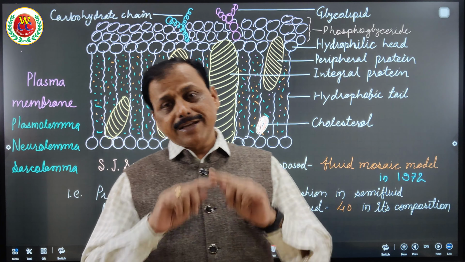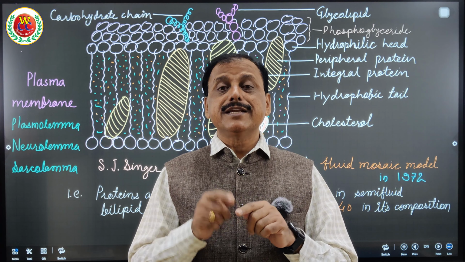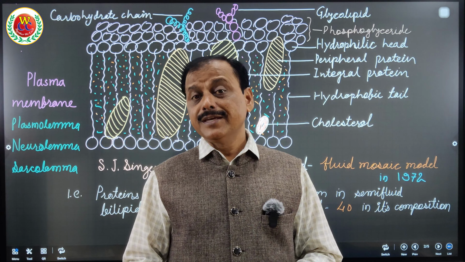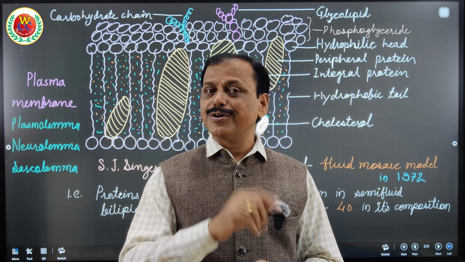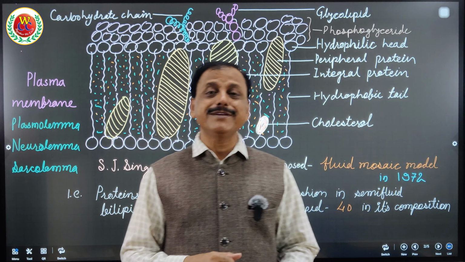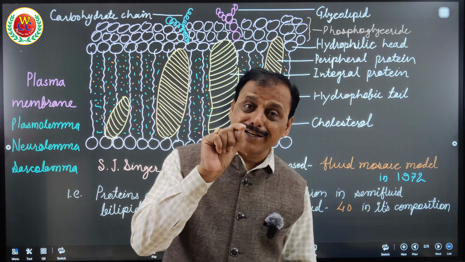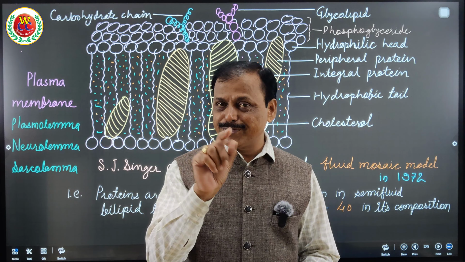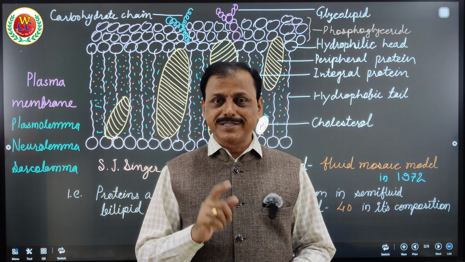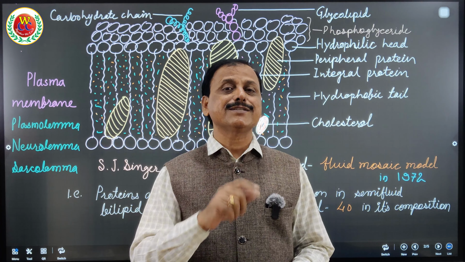Cell membrane is the outer membrane in animal cells and lies inside the cell wall in the plant cell. This is a living membrane. It is so called because it maintains the homeostasis of the cell. What does it mean? It means maintenance of the internal environment with its very peculiar characteristics. In plant cells, the cell wall is fully permeable, but the cell membrane is semi-permeable and selectively permeable.